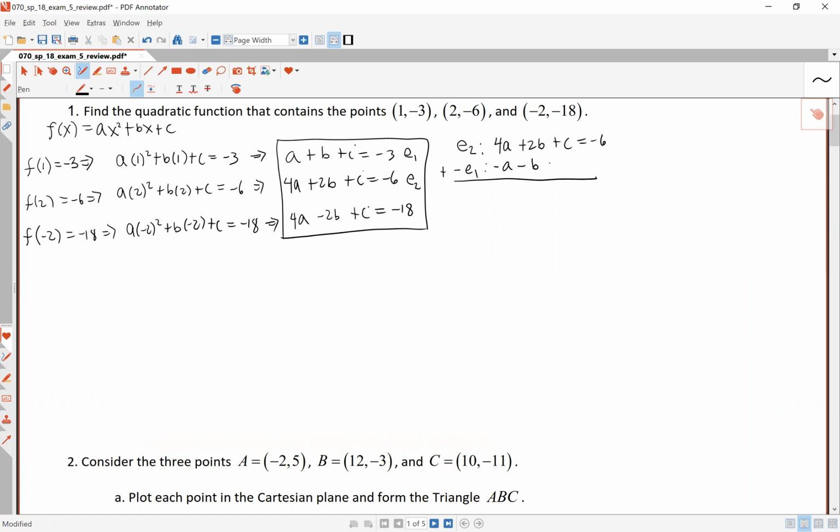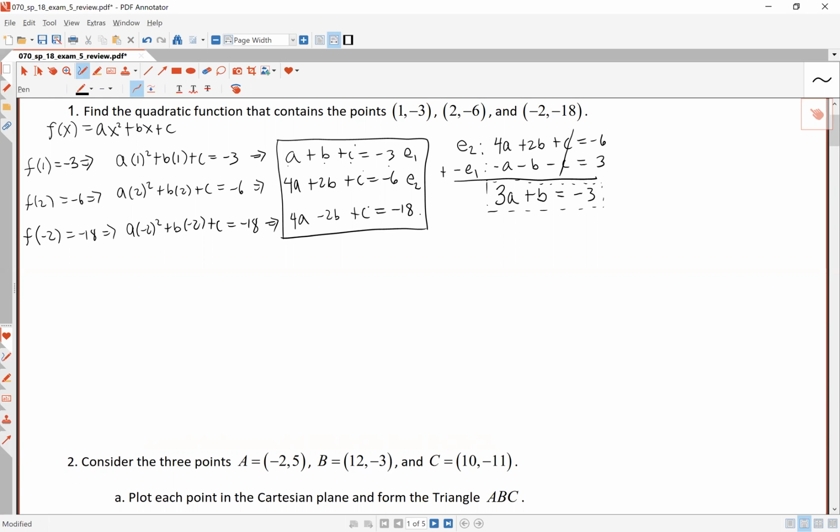So we add those together and get 4a minus a is 3a, 2b minus b is b, and c minus c is 0. And that's why we did the E2 minus E1. Finally, -6 plus 3 is -3. We will keep track of this equation. We will need this in the second step.